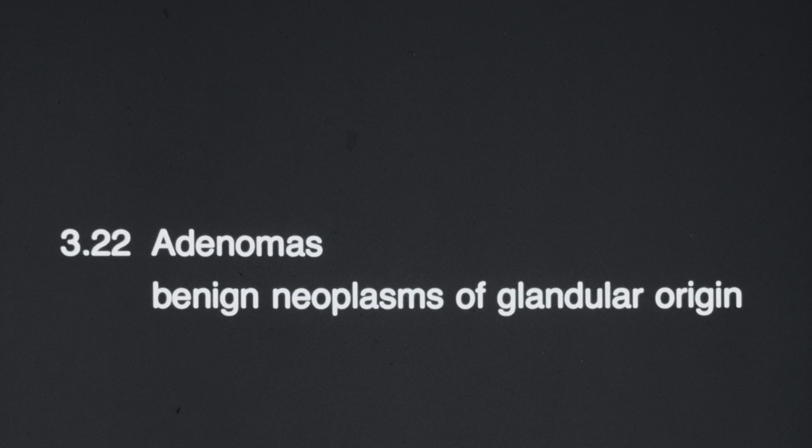Neoplasms that arise from glandular tissue have a slightly modified terminology. Benign neoplasms of glandular origin are termed adenomas. Appropriate examples include adenomas of the salivary glands, adenomas of the thyroid, and adenomas of the female breast.